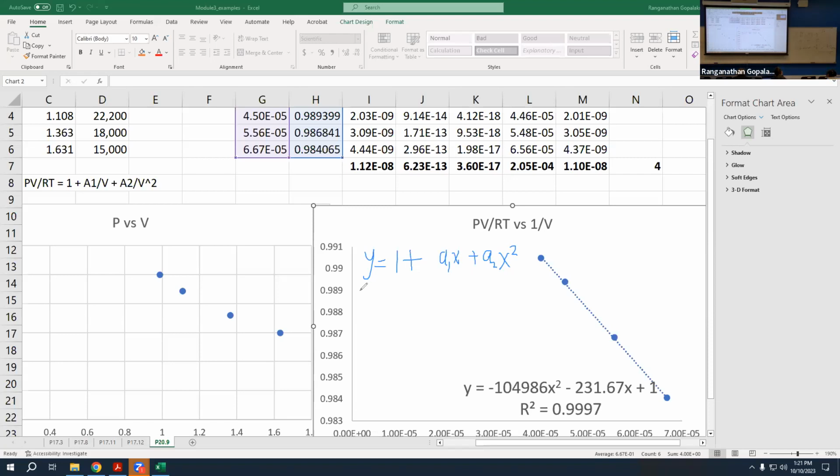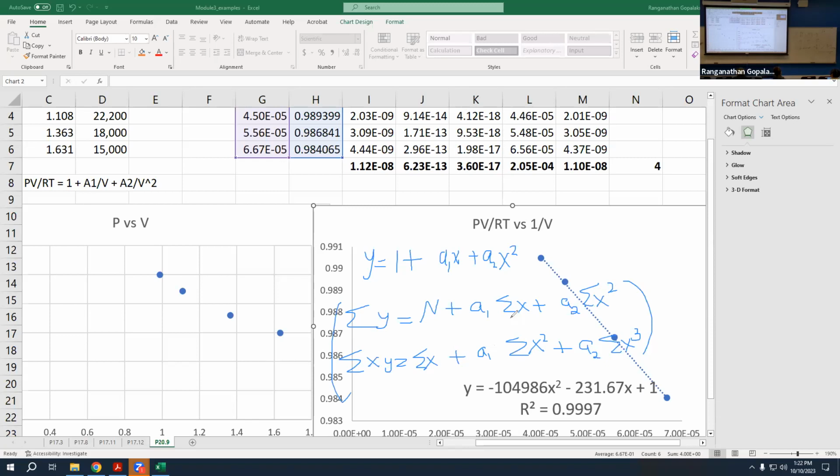Do a summation over everything. Sigma y equal to n plus a1 times sigma x plus a2 times sigma x squared. And then multiply by x, sigma xy equal to sigma x plus a1 multiplied by x squared plus a2 multiplied by x cubed. You need only two equations which you have for two unknowns.